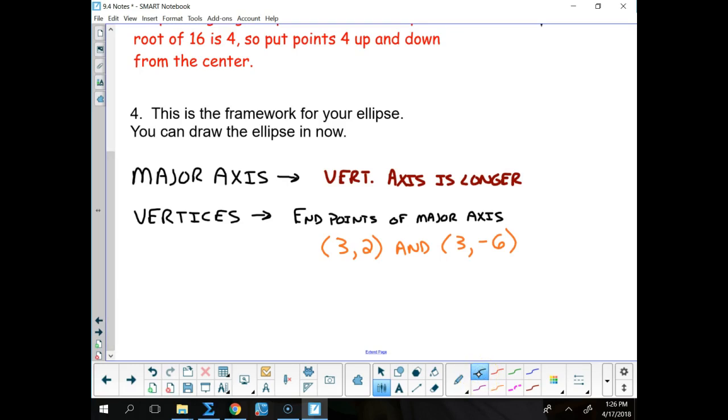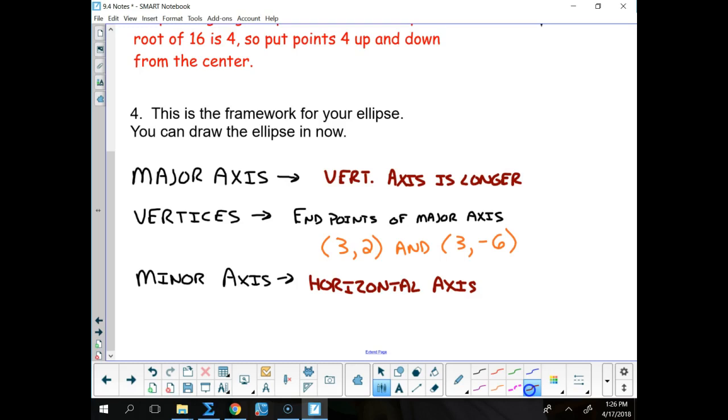We can also answer the question about which one is the minor axis. And in this case, it was the horizontal. So if you look at the original equation of an ellipse, whichever denominator is bigger, that's going to tell you which one is your major or minor axis.